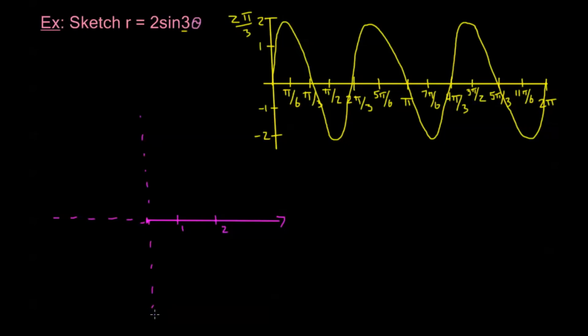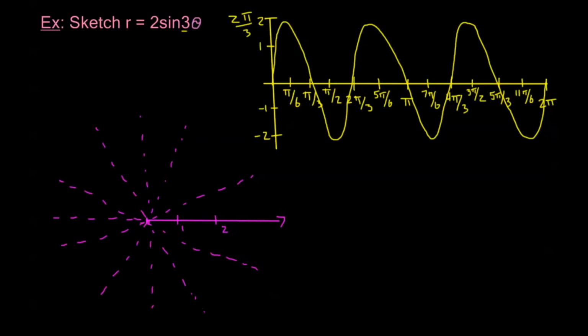Now drawing in some of these reference lines. I need a whole bunch of these. I need at pi over 6, pi over 3, 2 pi over 3, 5 pi over 6, and there we go. So that gives me all these reference lines I need, quite a few of them.